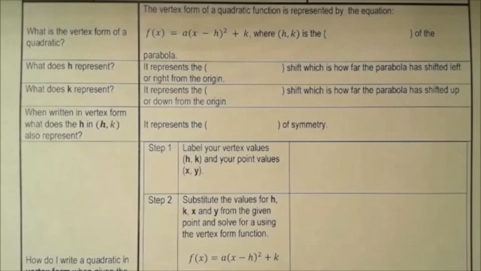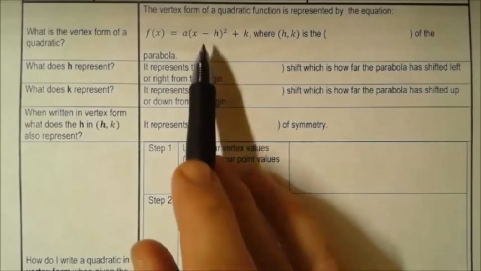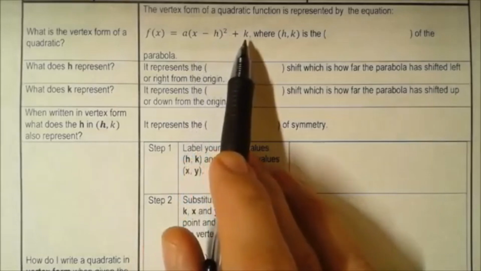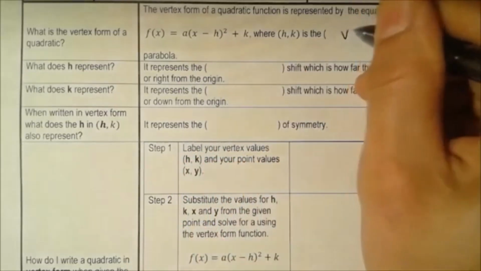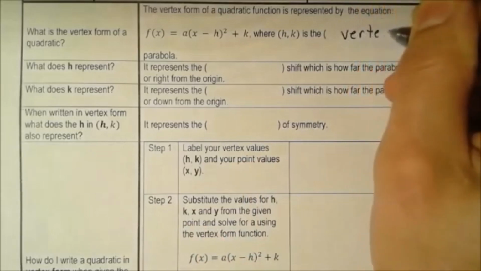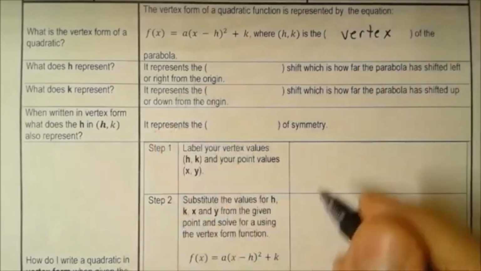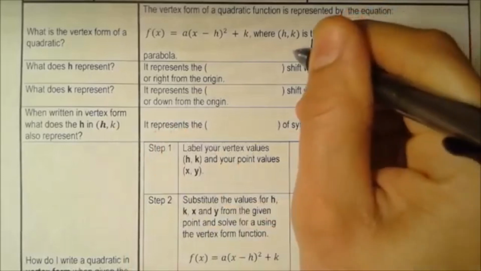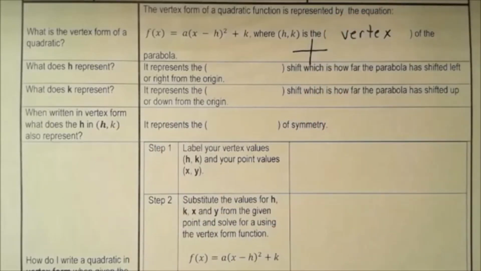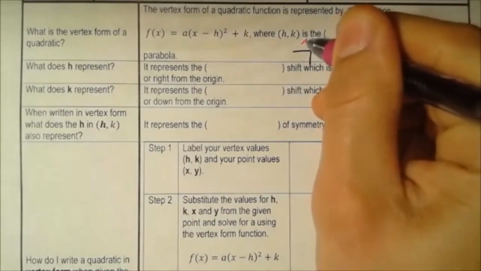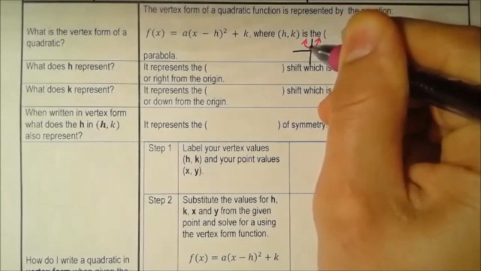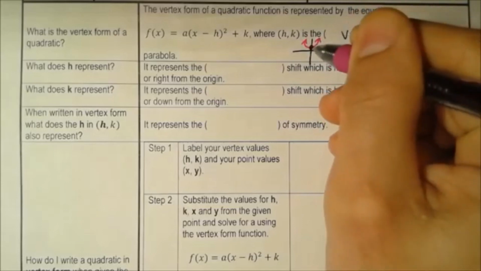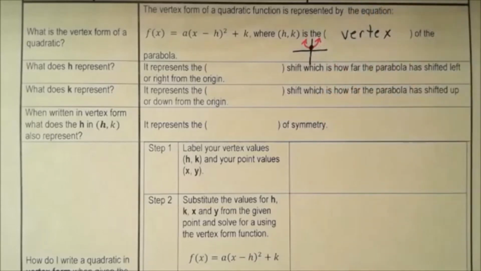Well, the vertex form of a quadratic function is represented by the equation f of x is equal to a times x minus h squared plus k, where h and k is the vertex of the parabola. In other words, if we had a parabola and I were to draw one on here, and I want you to draw this on your notes as well, the vertex is the maximum or minimum point of the parabola.